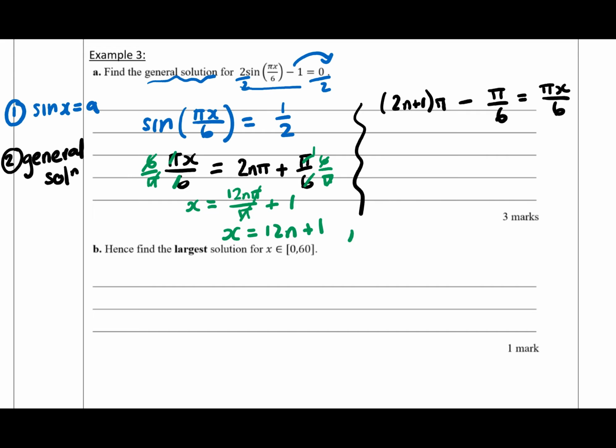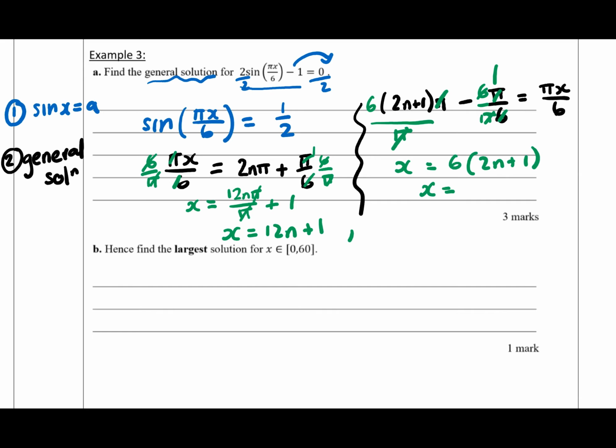There's another solution though. If we multiply this whole thing by 6 over pi, well, the pi's cancel, everything cancels down to 1. And x is equal to 6 times 2n plus 1.